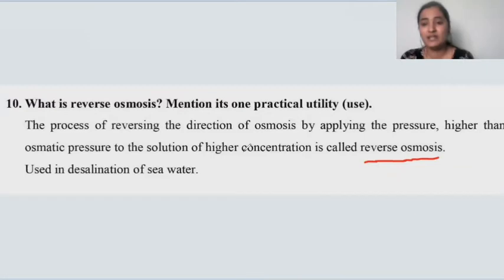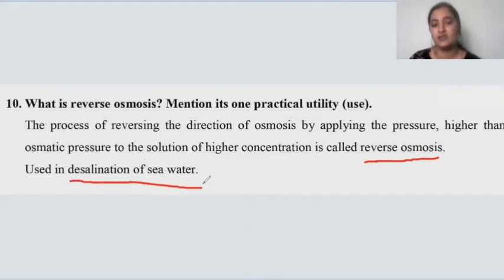What does it help with? What is the process taking place there? It is actually the reverse osmosis process which is applied there, which helps in the purification of the drinking water. It is used to purify drinking water. That is also used in the case of desalination of seawater. The seawater contains this highly concentrated solution.